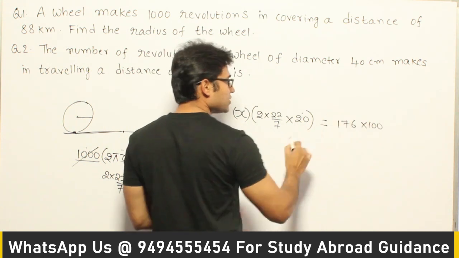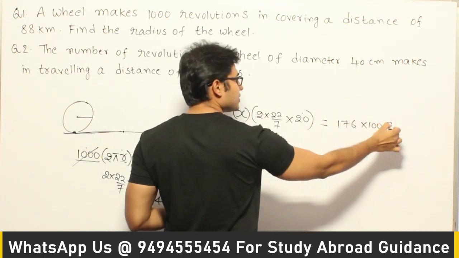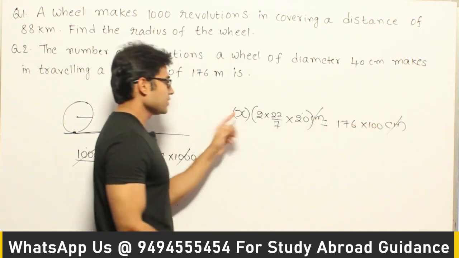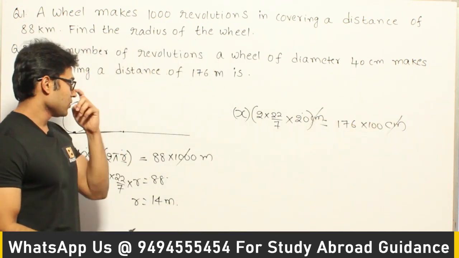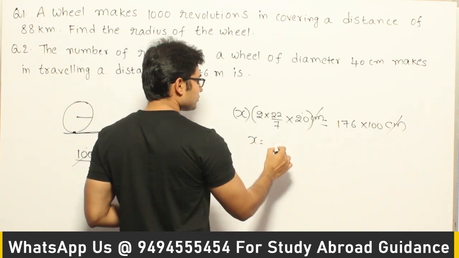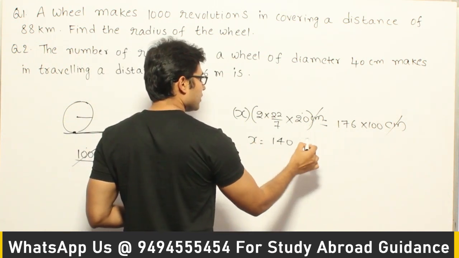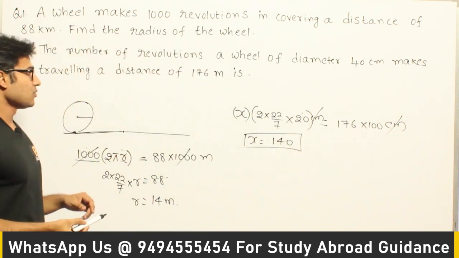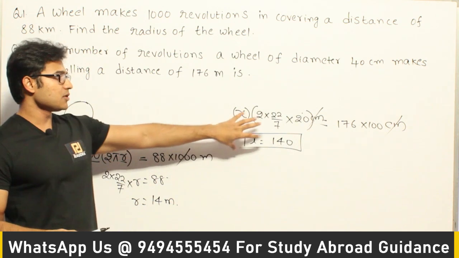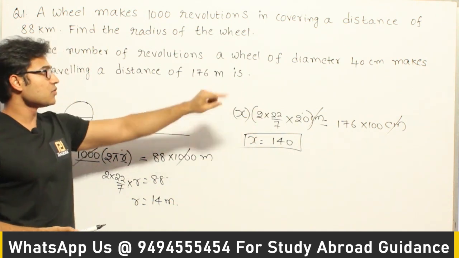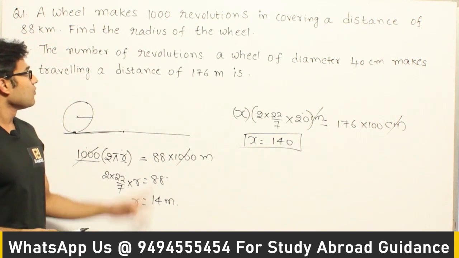On both sides you should have the same units, centimeters here and centimeters here also. Got it? Now x is a number. If you cancel it out, you are going to get x equal to 140 revolutions. Got it? So what is the meaning of it? If you let this particular wheel revolve 140 times, then it is going to cover a distance of 176 meters.